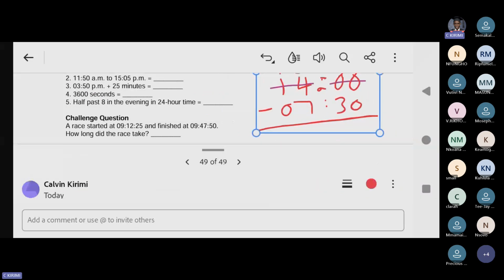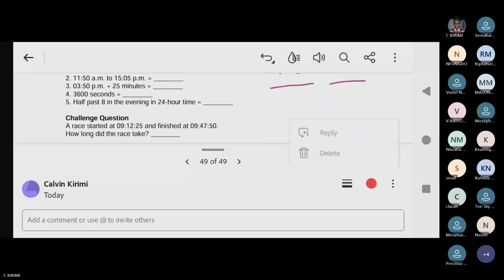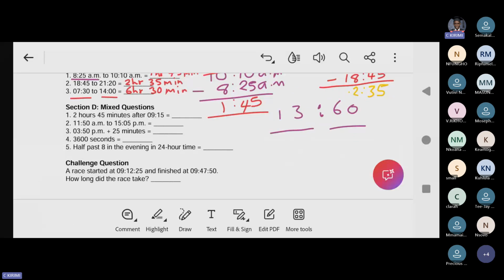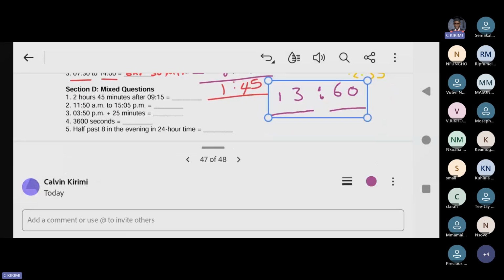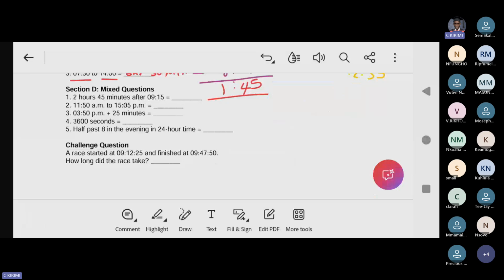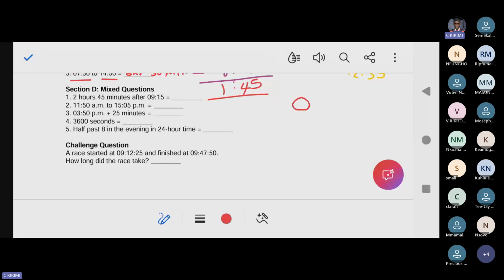So 2 hours, 45 minutes after that time, we are adding. So you are adding 2 hours, 45 minutes to 9:45, then you add 2 hours, 45 minutes. So you want to know what time it is after that time has elapsed.